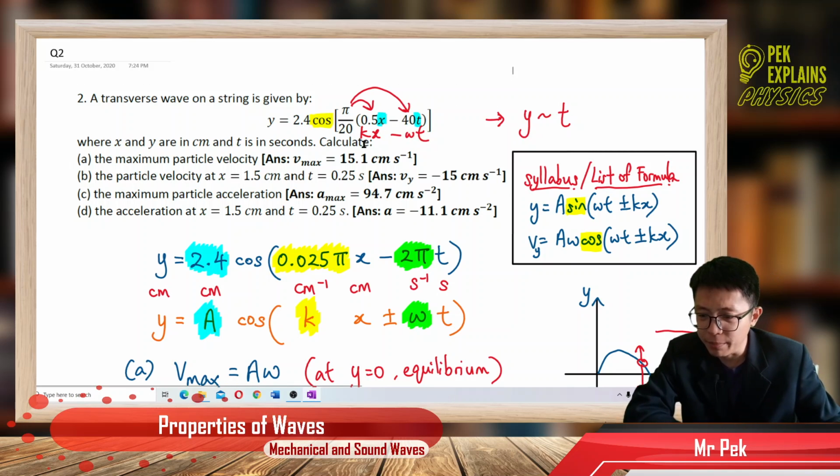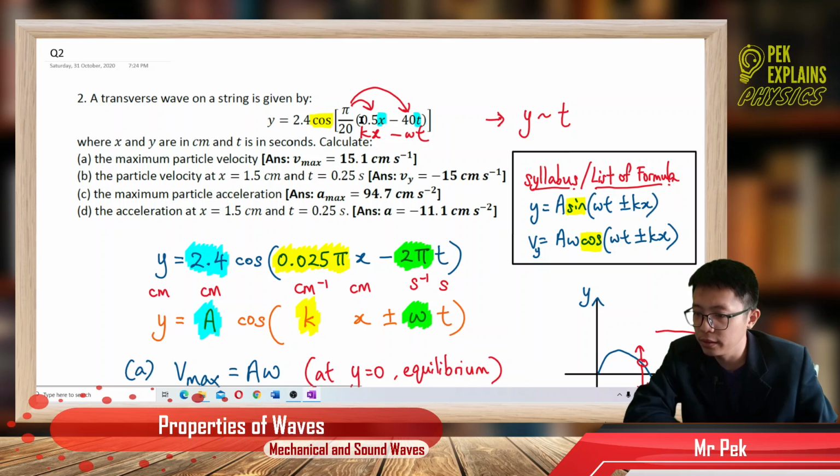Because our general equation is omega t first, then only kx. This one is kx, then only omega t. But if 40 is not omega, you need to multiply inside, expand first, then only get omega. So be careful. Yeah, so kx minus omega t.